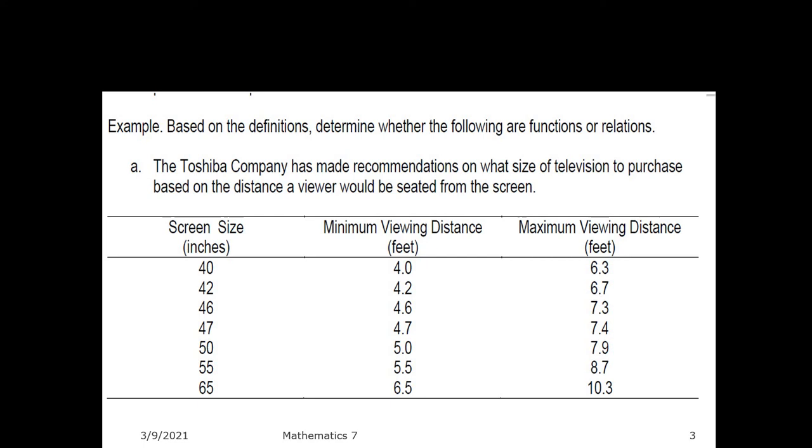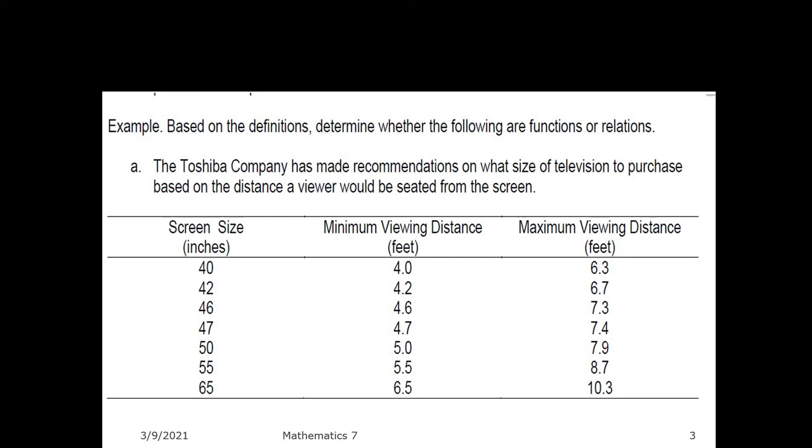While a function is very specific: each element of the domain is paired with exactly one element in the output, or in the range. So take note, we cannot repeat our domain or our input.